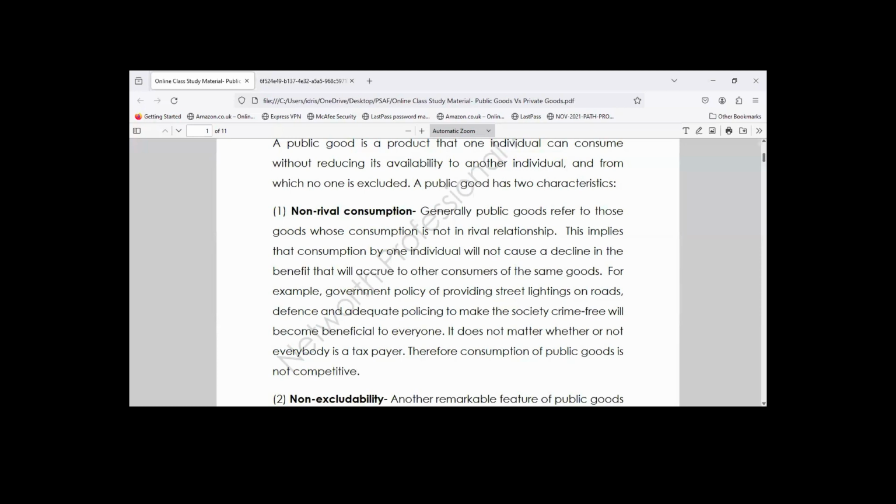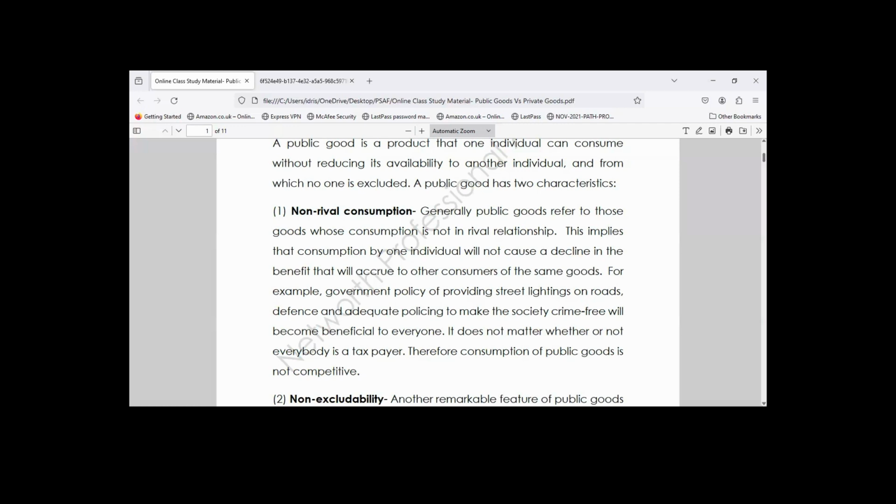As you are passing that road, me too, I'm passing the road. Your driving on the road cannot affect the benefit I will achieve on the road too.